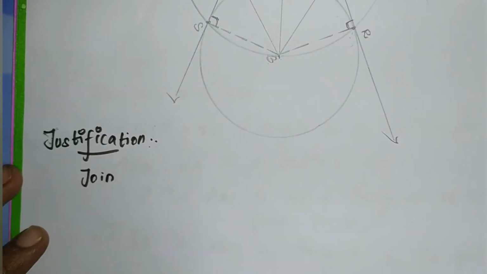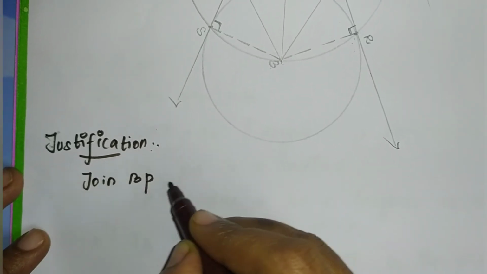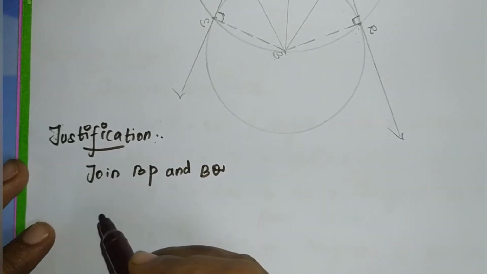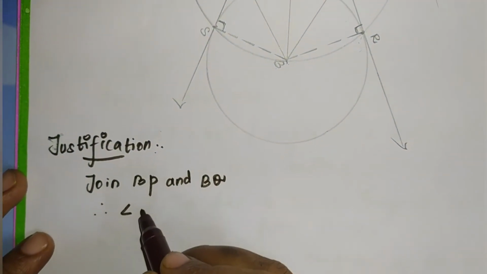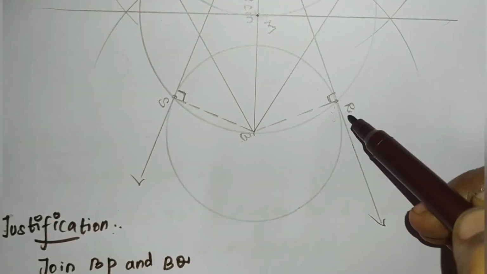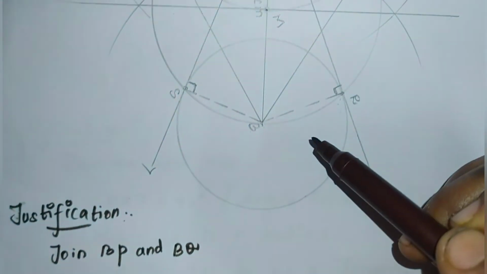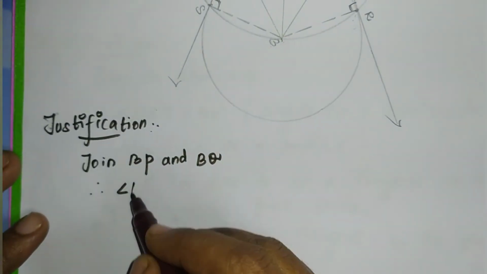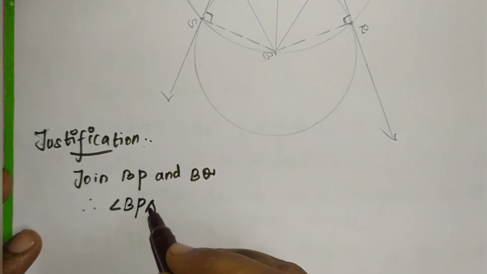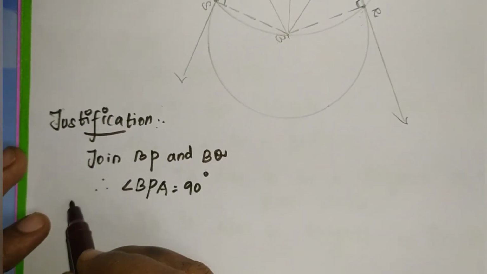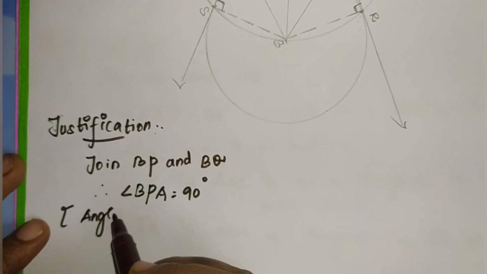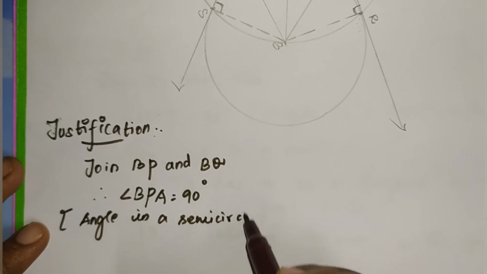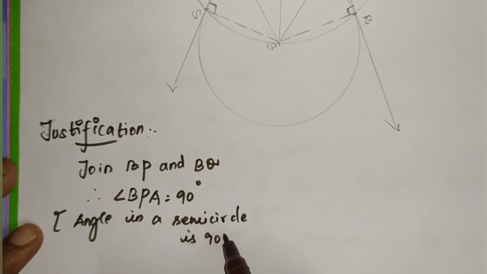Join BP and BQ. Angle BPA is equal to 90 degree. Why is it so? Angle in a semicircle is 90 degree.